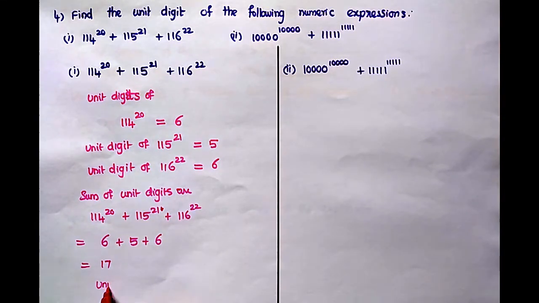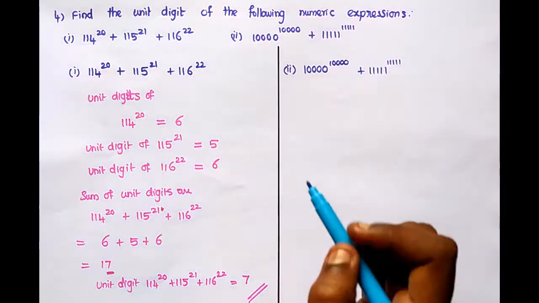So the unit digit of 114 power 20 plus 115 power 21 plus 116 power 22 is 7. That is the answer.